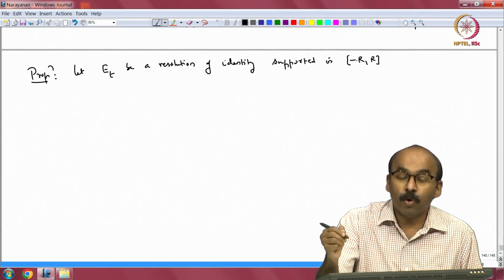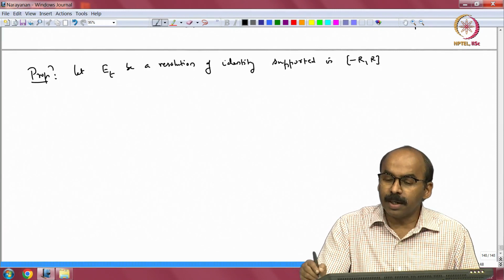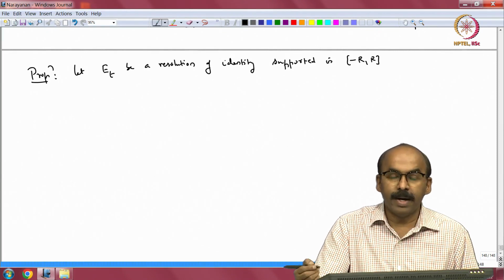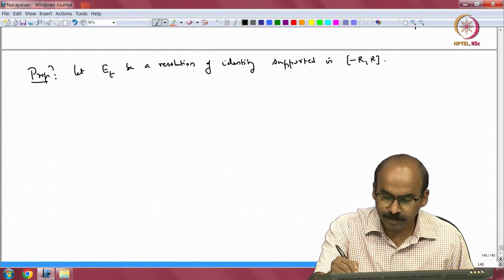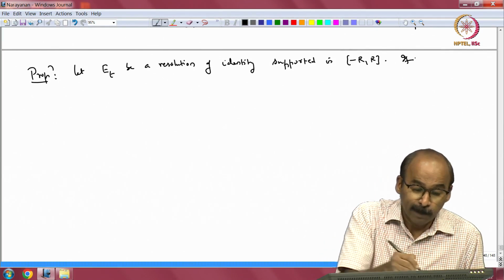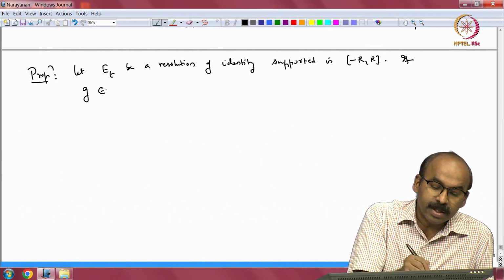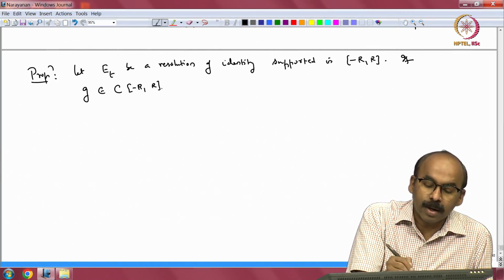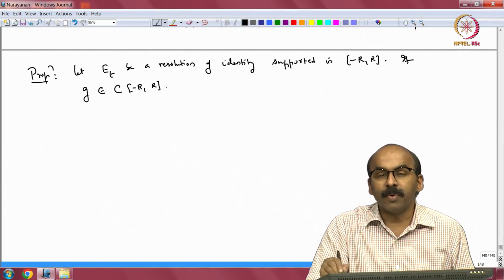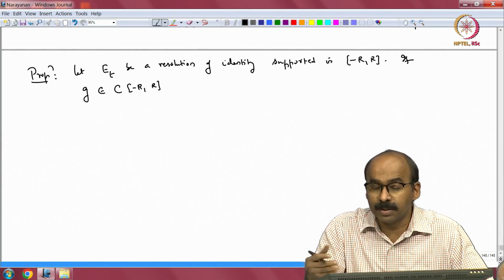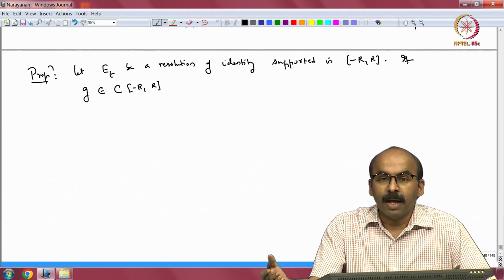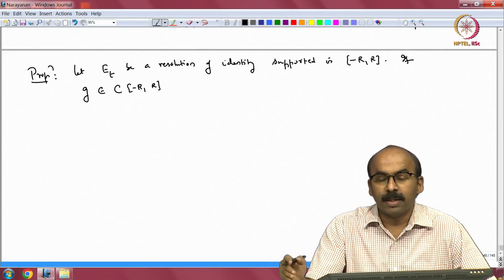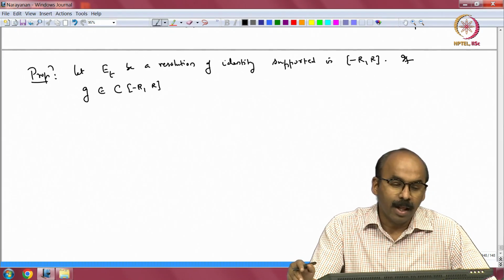So, before minus r it is 0, and after r, that means anything greater than r will give me the identity operator, right. If I take a continuous function on this set, think of minus r to r as the spectrum of an operator. Okay. So, on the spectrum we have this projection valued measure, and then once we have the projection valued measure we have the resolution of identity, right.